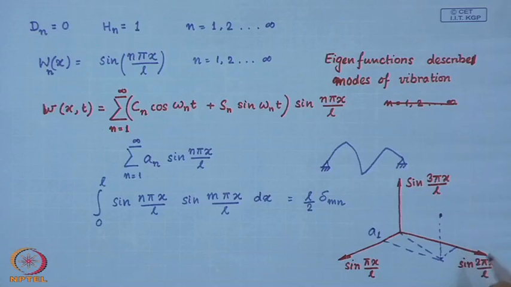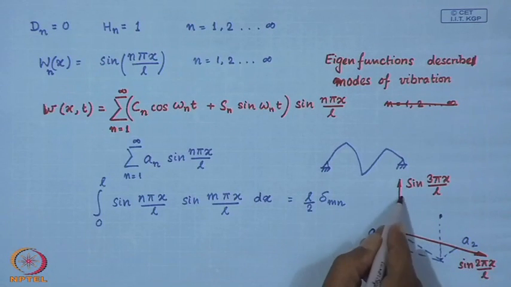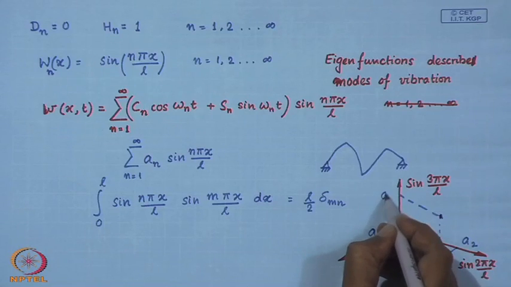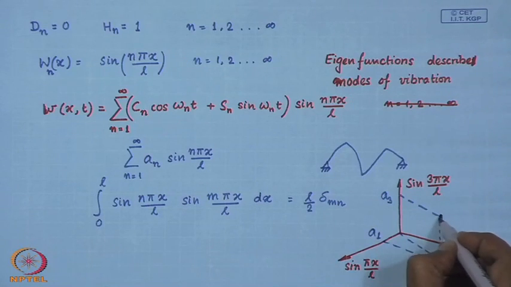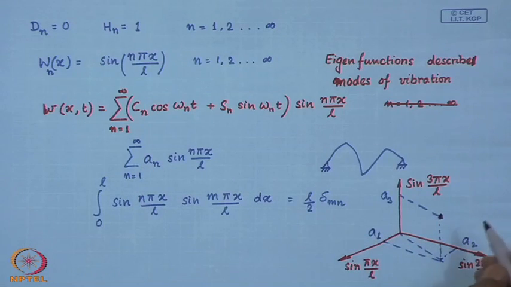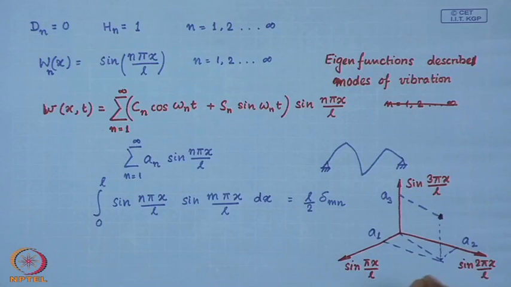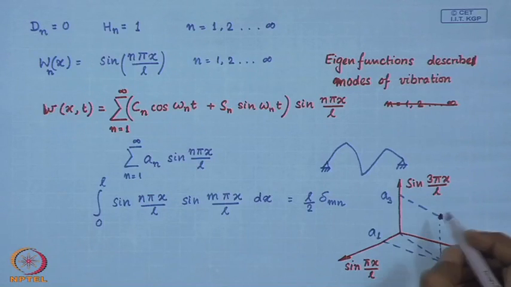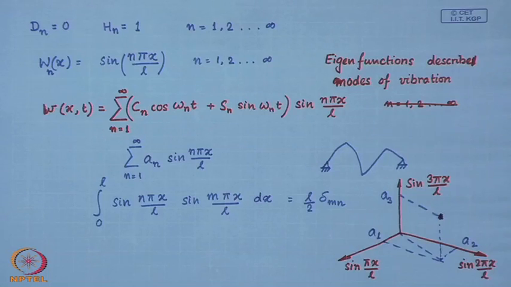This is A 1, this is A 2, this is A 3, and like this you can have all these coefficients A 1, A 2, A 3, A 4 up to A infinity. So, in this space the configuration of the string at a particular time instant is nothing but a point in this infinite dimensional space.